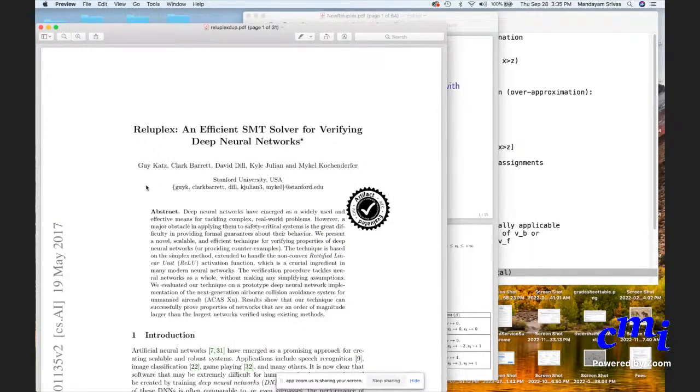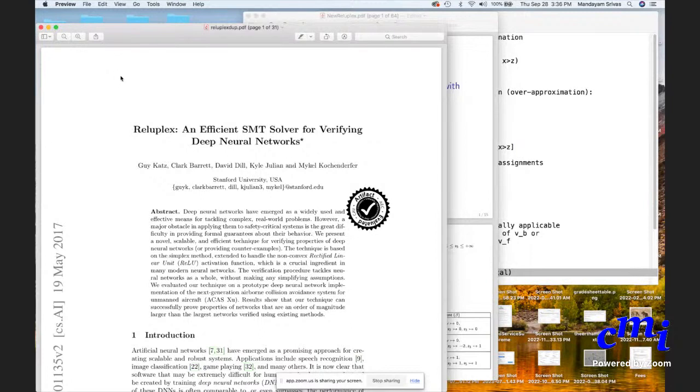This decision procedure is implemented in a tool called Marabou, which has an SMT solver like Z3 with Reluplex integrated as one of the decision procedures inside Marabou. I think this is the only paper for this material, so you will have to rely on it if you have any doubts.